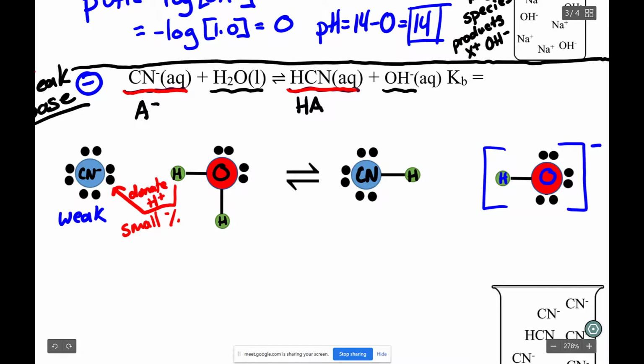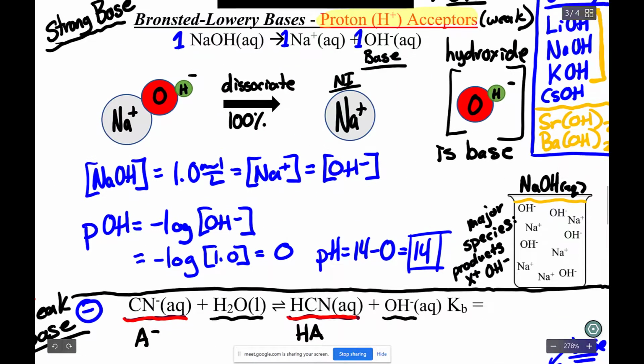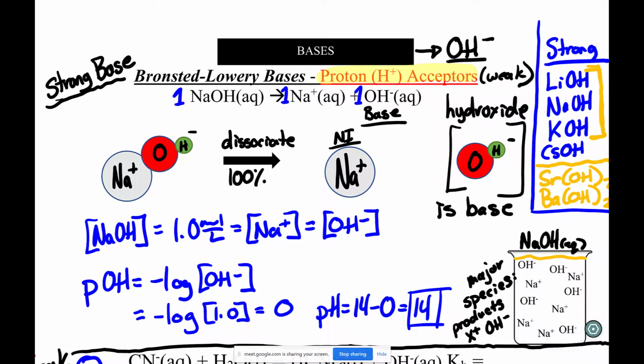So to be clear again, although we call CN minus a weak base, it really isn't base. The only thing that is truly base is hydroxide. This is base. But we call CN minus a weak base because when it reacts with water, it creates hydroxide, which is base. So to clarify, when we look back at strong bases, this is not a reaction. Sodium hydroxide is not reacting with water to produce hydroxide.